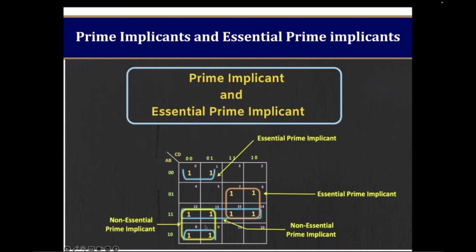We have to pick one, because we cannot use both, right? So we can decide to use the yellow one. If you use the yellow one, it means that this blue one becomes redundant, right? If you also choose the blue one, then the yellow one becomes redundant. I hope this is clear.